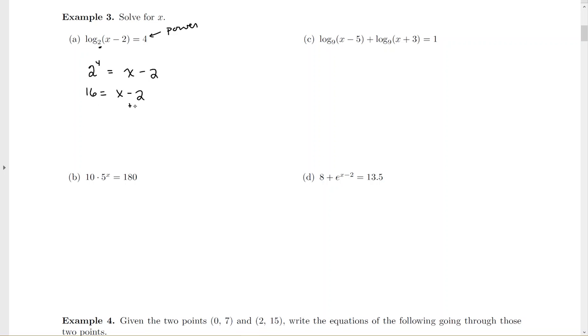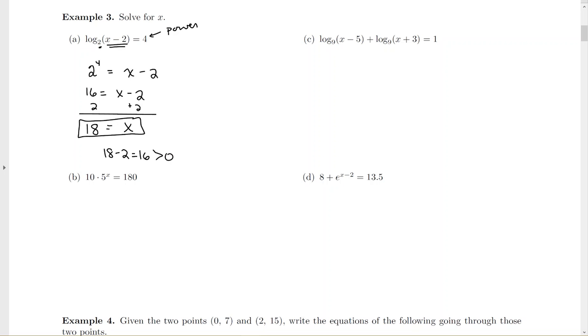Add 2 to both sides, and we're going to come up with x equals 18. Remember, on a log question, you do need to plug it back into the argument, that's the part inside the log, and make sure that that number is greater than 0. All right, it's got to be a positive number.